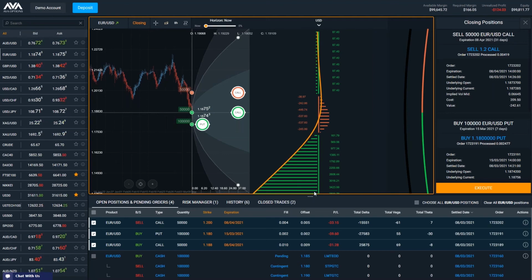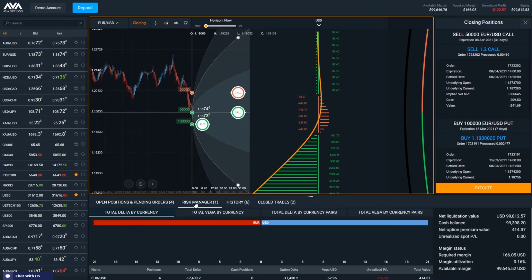So this is what a portfolio of options trades looks like. And you can mix and match long and short calls and puts to your heart's desire, different expiration dates, different strikes, in order to build up a portfolio that matches your view. That's what options trading is all about.